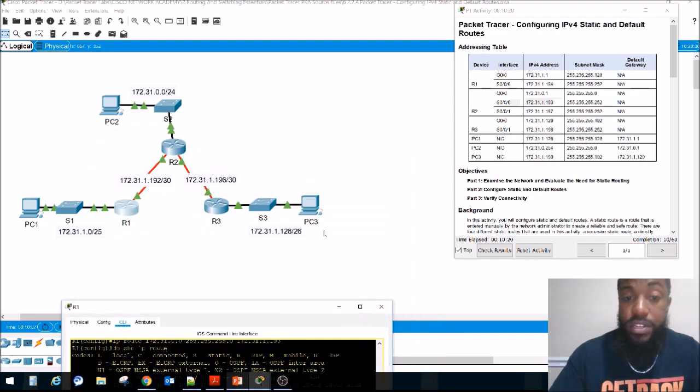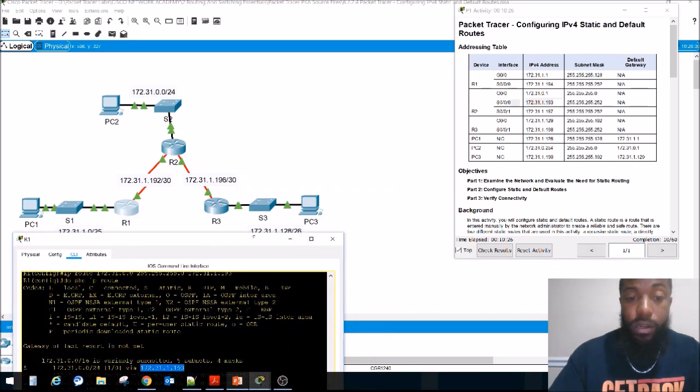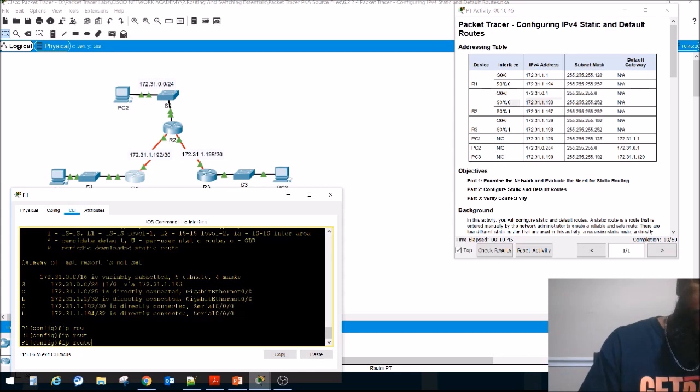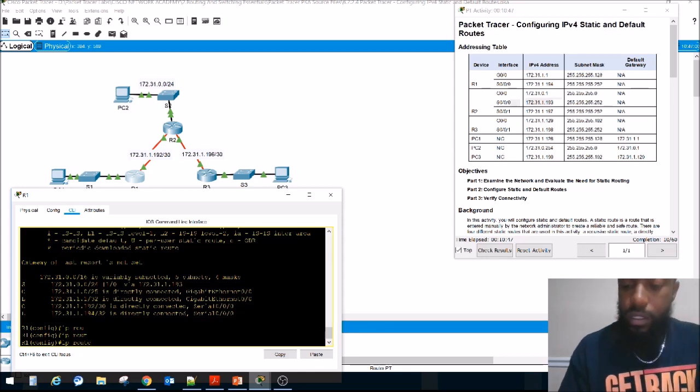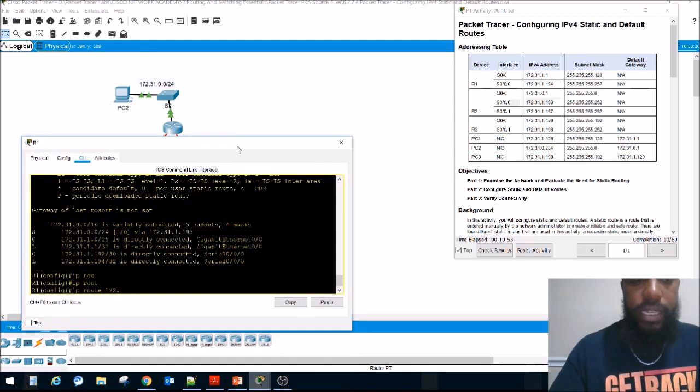Now we need a route to get to this network over here. Same thing. Make this a little smaller for y'all. All right, so IP route to get to the 172.31.1.128 network.